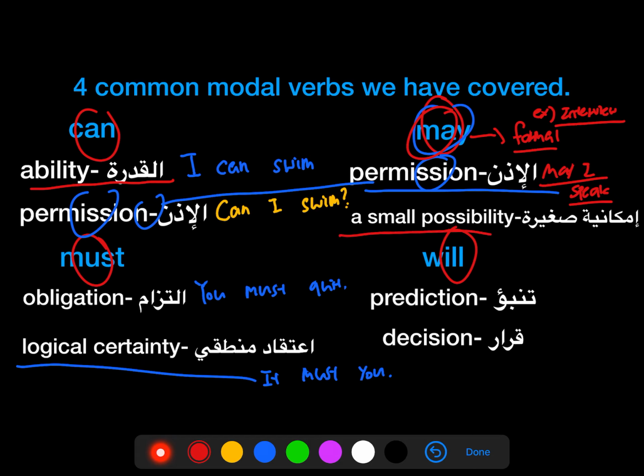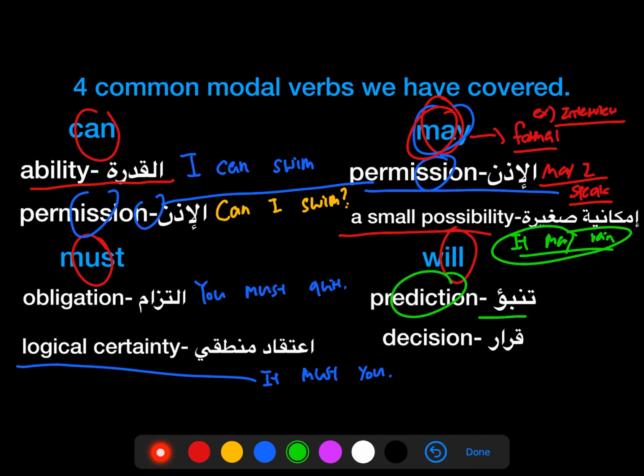What about this one? A small possibility. It may rain. So you don't know. It's like 50%. He may live in London. What about will? Prediction.